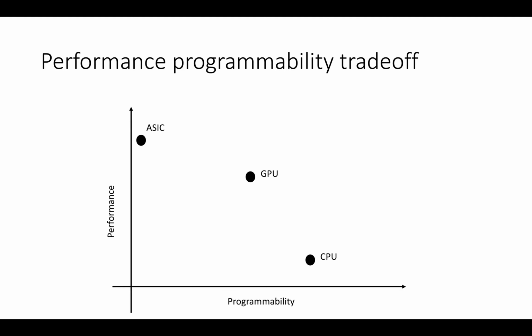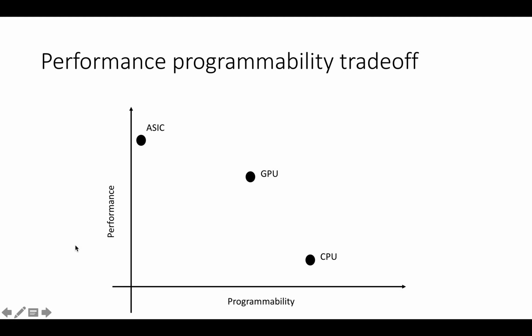ASICs are very close to zero in programmability. There's tons of programs they can't run. They're really specialized to do one or a tiny range of things. On the other hand, they're very, very high on performance because they can be completely optimized. All of the area on that chip can be optimized for that one application that it's supposed to do really well at.